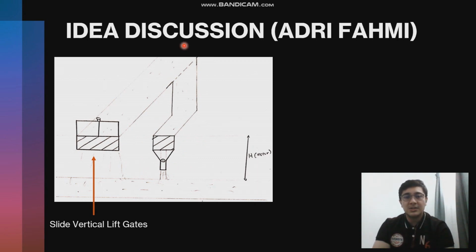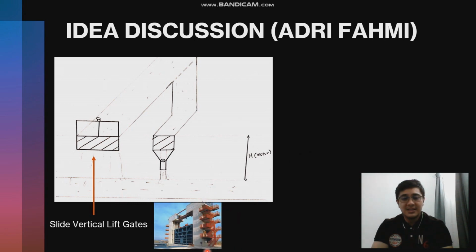If the water flows at a high rate, this gate will fully open, and this gate will open a little bit so that the water keeps flowing to activate and produce power over here. This is the slide vertical lift gate.